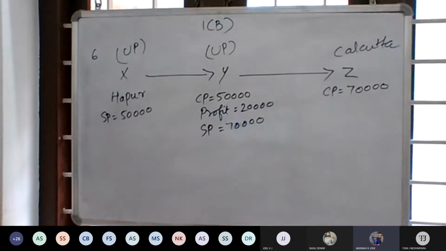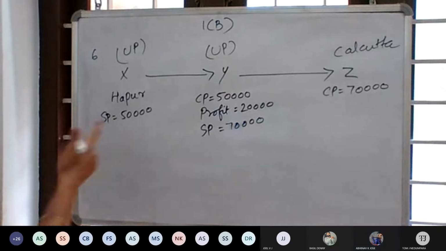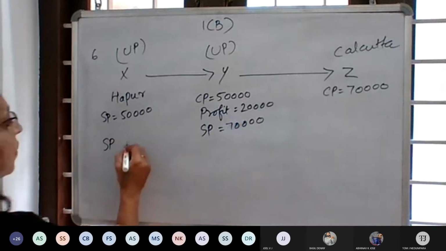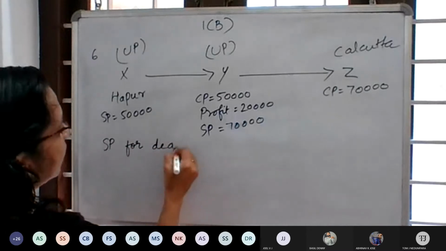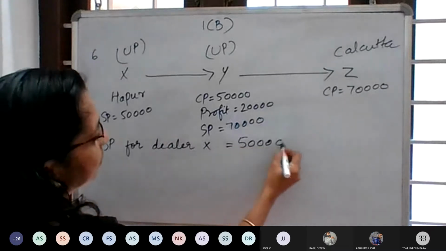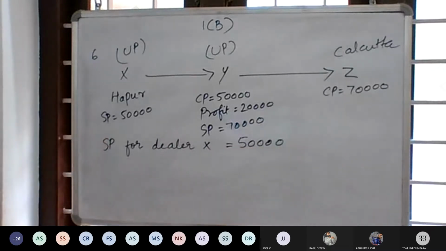Then next step is what we want to find, the GST, no? So SP, write the step, start writing. SP for dealer X is equal to 50,000. From this step onwards, it is compulsory.